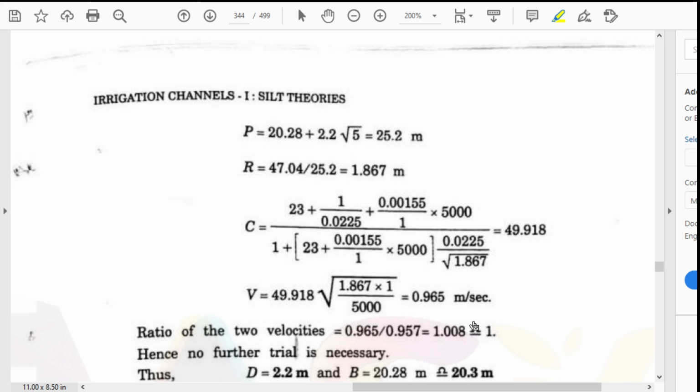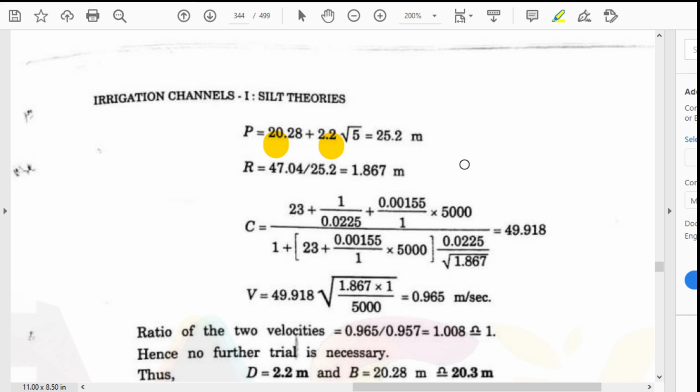You have to remember the formula for wetted perimeter: perimeter is B plus D root 5. B we have found as 20.28, D we have assumed as 2.2, and root 5. So P comes out to be 25.2 meters.